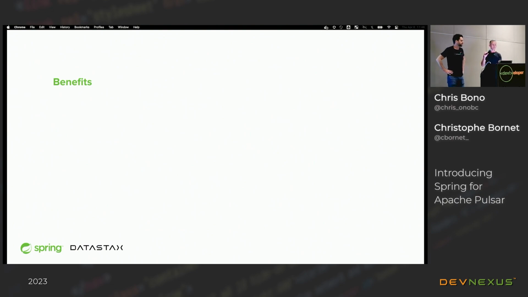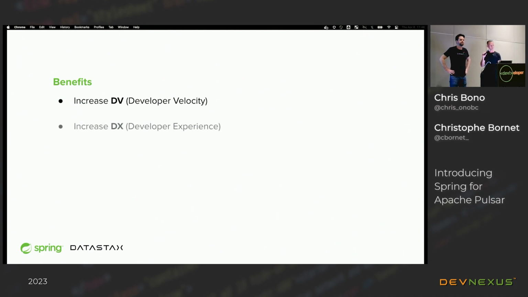I think the framework's beneficial for two things really: increased developer velocity and developer experience. There are a thousand definitions for these. For me, developer velocity is how fast I can take something from thought to production in a quality manner. And developer experience is how good my life is along that journey.